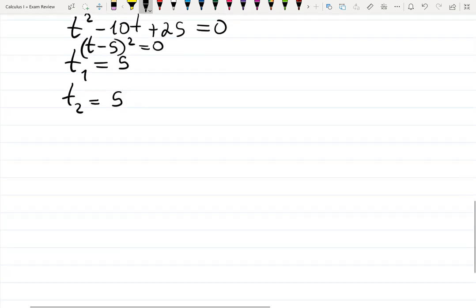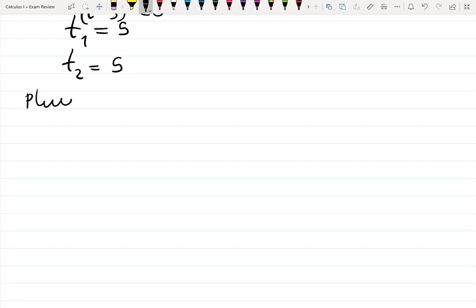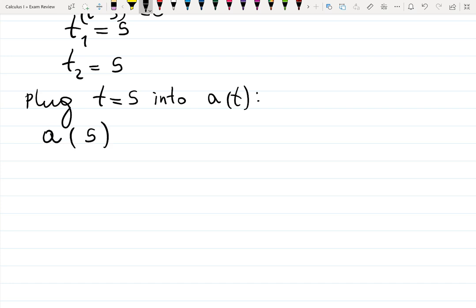Then I will plug this into the expression for the acceleration. Plug t equals 5 into a of t. So a at 5 becomes 2 times 5 minus 10, and that is 0. Interesting.